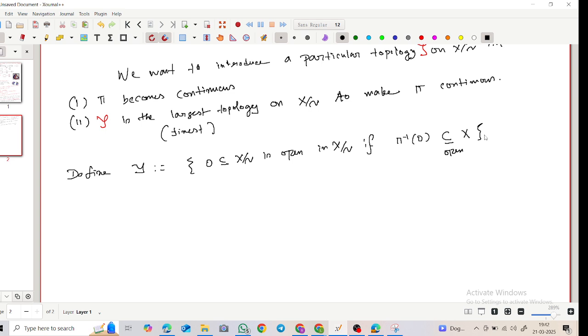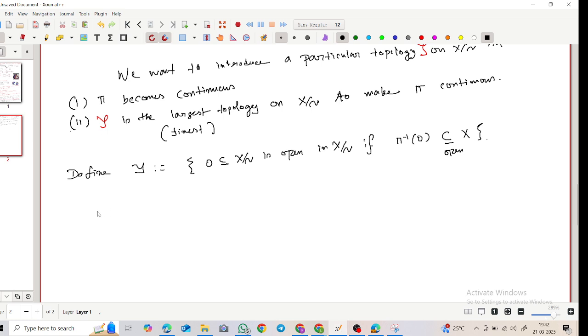So we are only taking those sets in X tilde whose preimage is open in X. So pi is automatically continuous, right? Yeah.